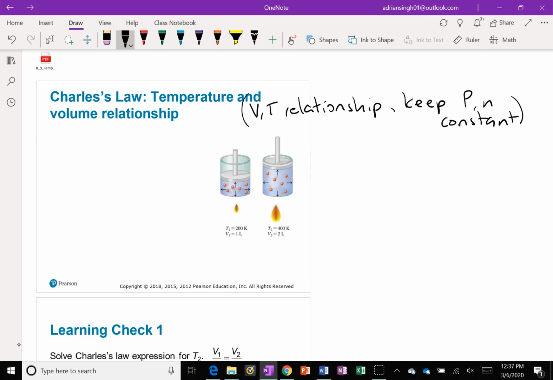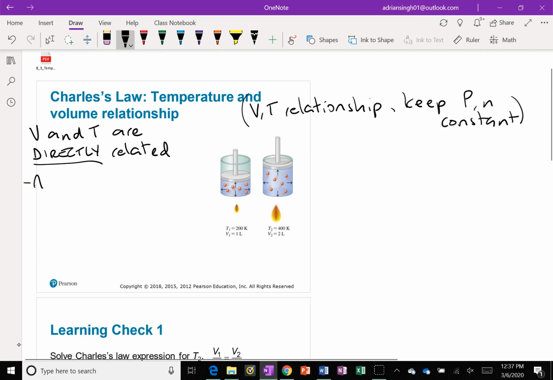All right, and the relationship between V and T is a different one than between pressure and volume. We say that V and T are directly related.